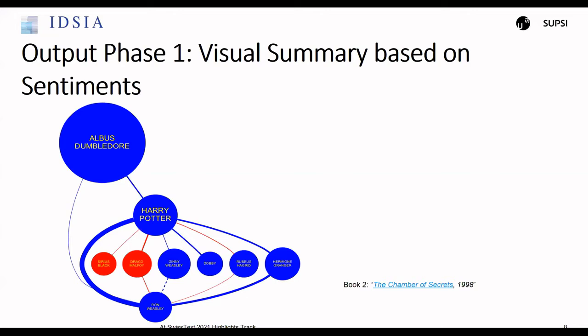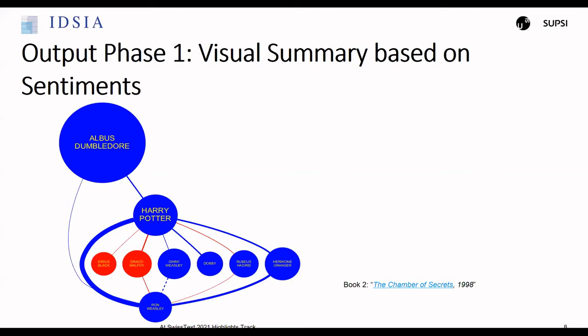Of course, this is a static graph, where the nodes represent the characters, the edges represent the relations between the characters, and the size of the node is the relative occurrence of the character in the particular book. The colors represent the sentiments, whether the character in that particular book of the series was positive or negative.